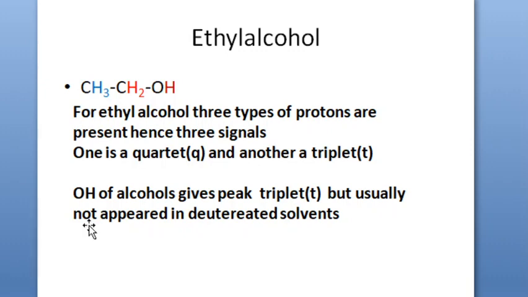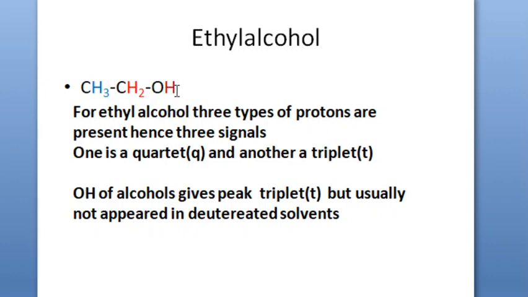But usually the OH signal is not obtained, depending on the solvent. If you change the solvent, if you use water as a solvent, you won't get that OH signal. You'll get only 2 signals, one a quartet and another a triplet. It depends again on the solvent that we are using.